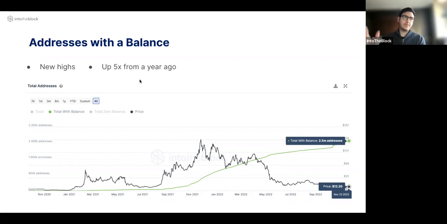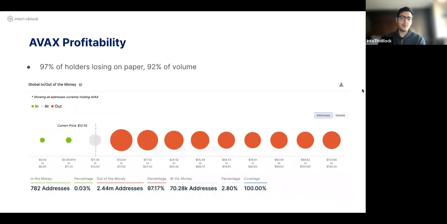Again, this does not necessarily mean that users or holders are up 5x, but it does show a general perspective of that, since it can be tedious to manage multiple addresses, but theoretically one person can have more than one address.